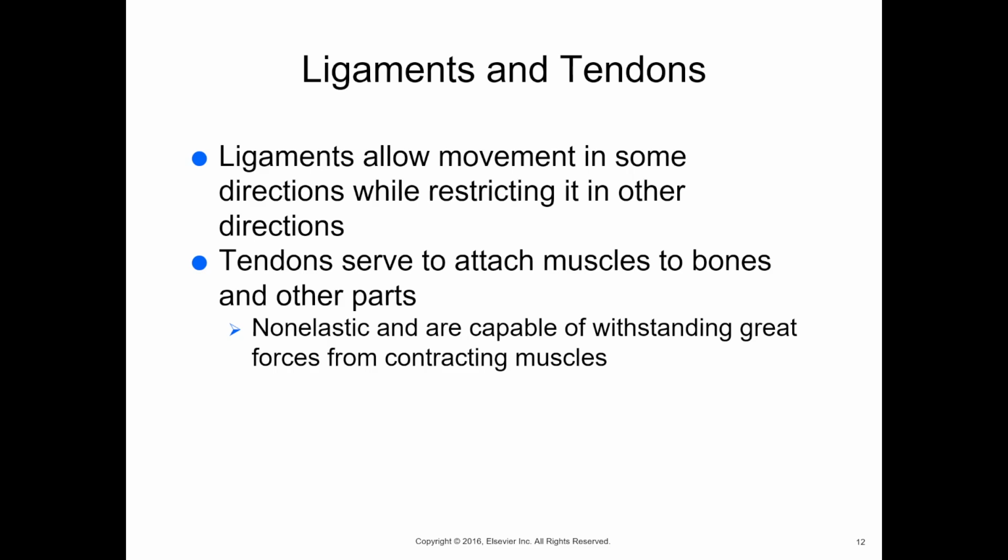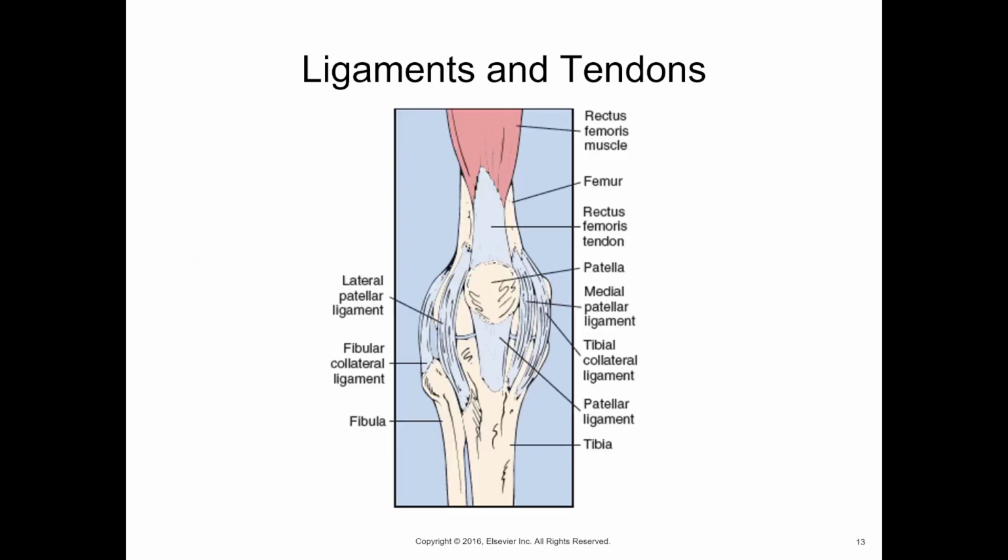You do have a little bit more elasticity in ligaments. When there is an injury to a ligament, it is called a sprain, whereas if we have an injury to a tendon or muscle belly, we would call that a strain. Right here is an example of ligaments and tendons around the knee.